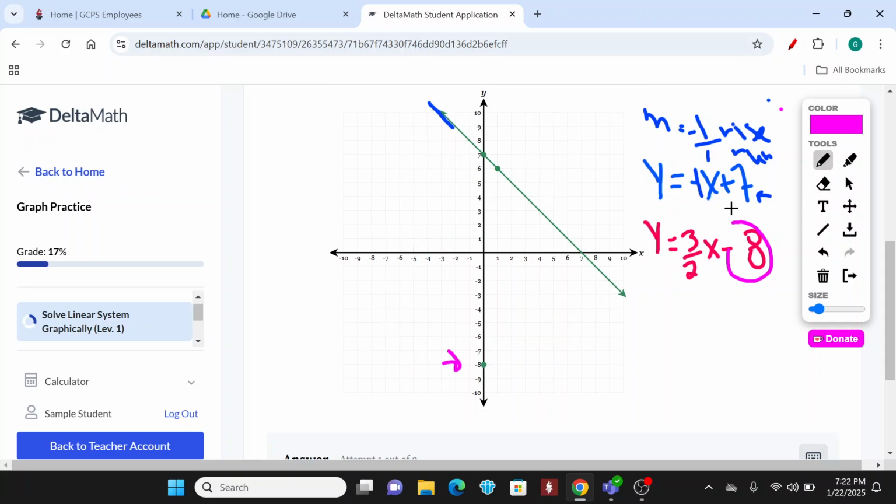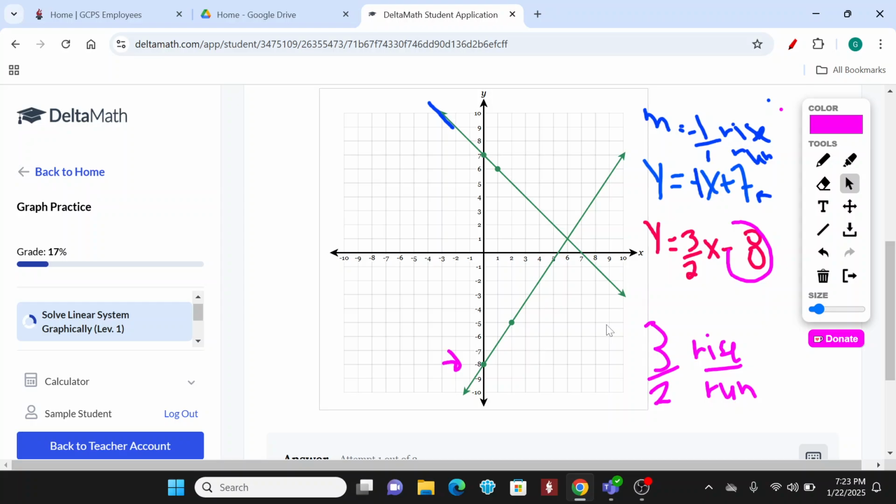And then we have 3 over 2, which is our rise over run. So we're going to rise 3, run 2. So you can see my mouse. So you can go 1, 2, 3, because it's a positive 3. So we're going to go up, and then 1, 2.